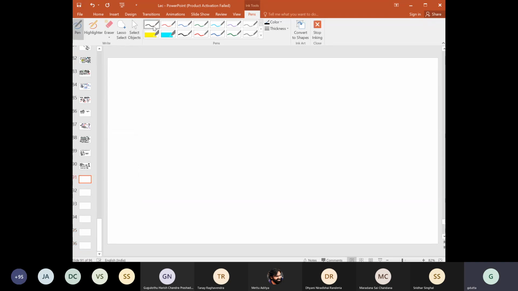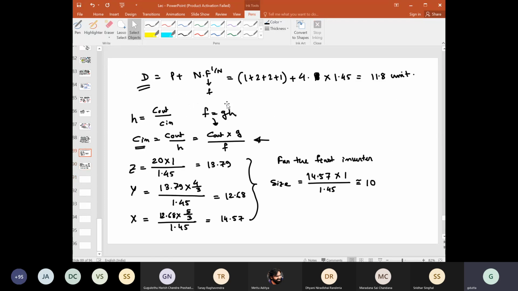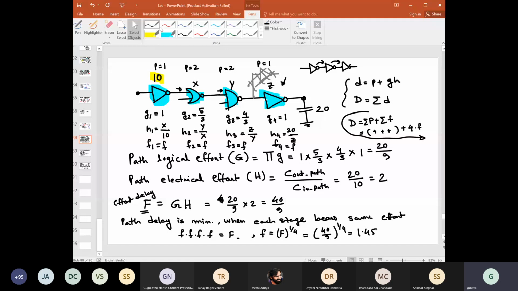So if this part is clear to you, then let us now consider a case we have mentioned but have not considered in this particular example: what would happen if you have a branching here, right? Suppose you have an additional inverter in parallel to this, but the path is this only.